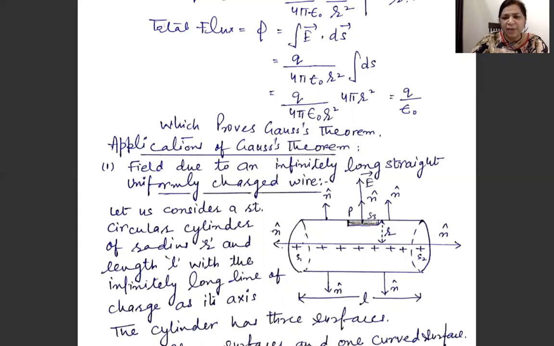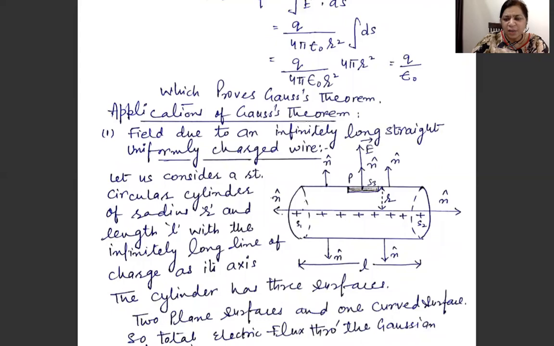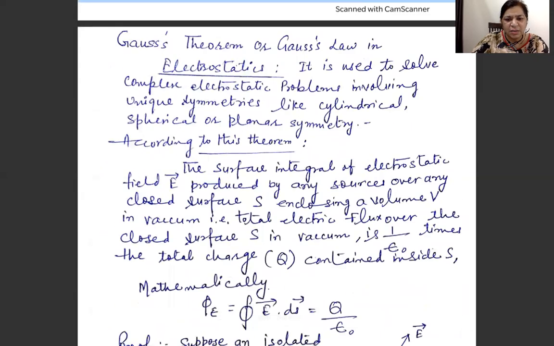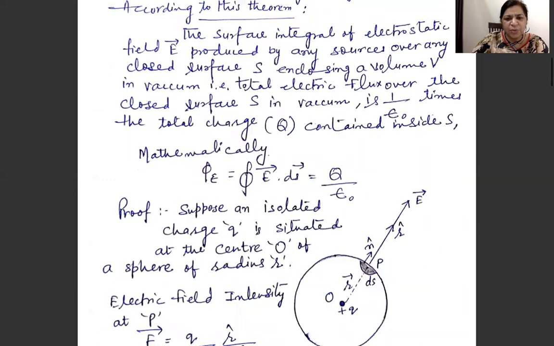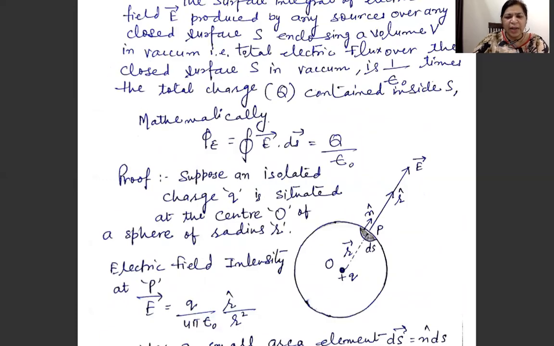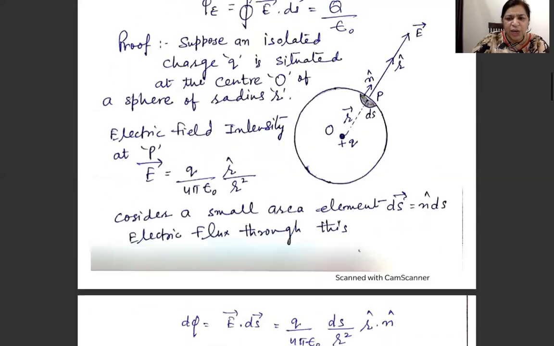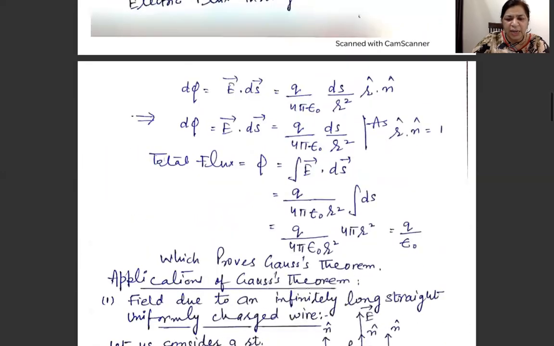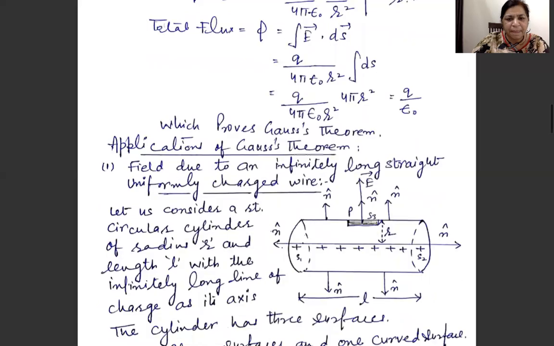So 4 pi will cancel out, R square will also cancel, so we'll be having Q by epsilon naught. That was the mathematical formula for the Gauss theorem, you can say. So we have shown that flux is equal to the surface integral of the electric field intensity, and that is equal to charge by epsilon naught, where charge Q is the charge that is contained by the body.